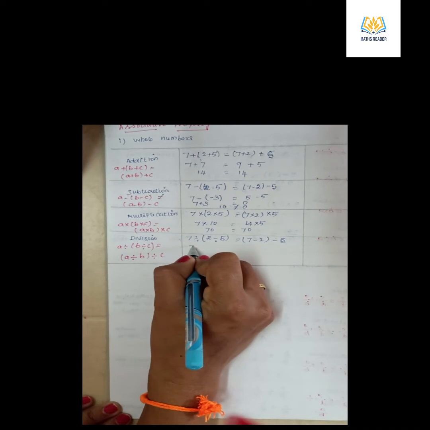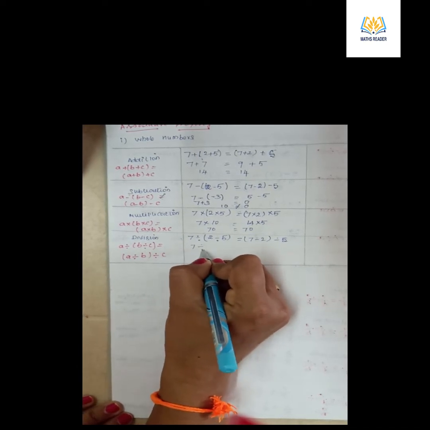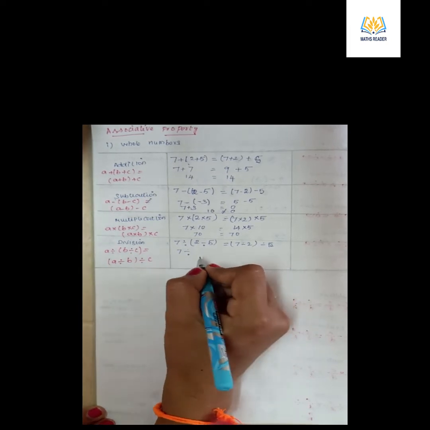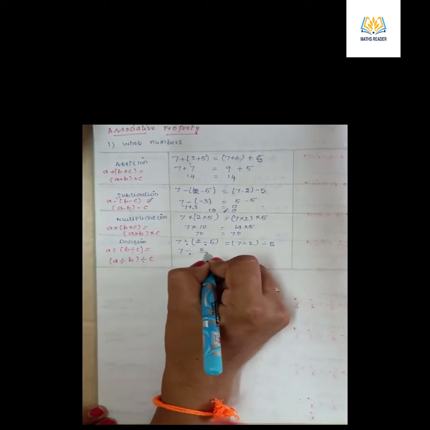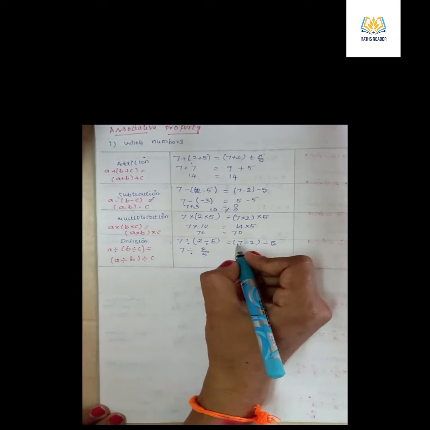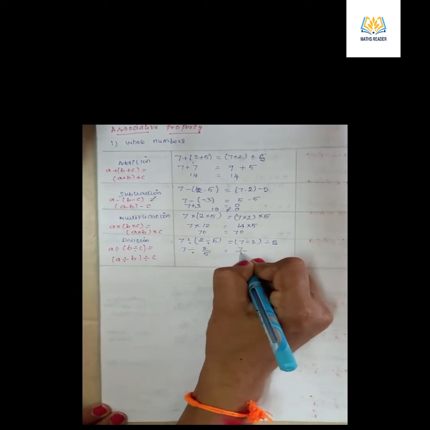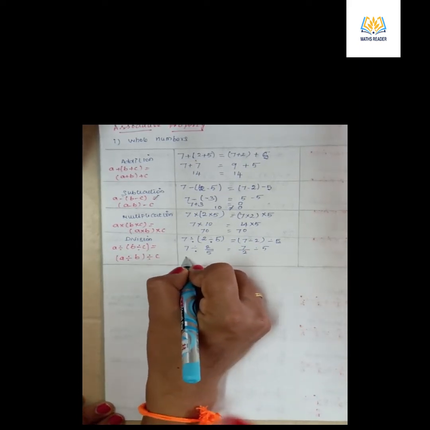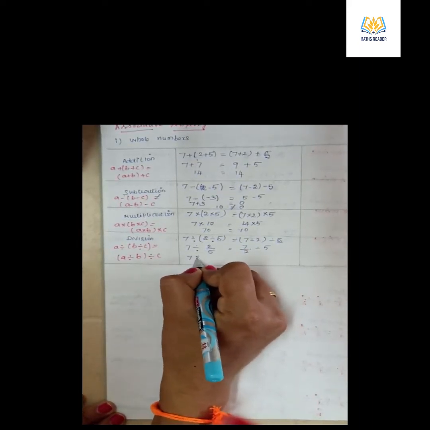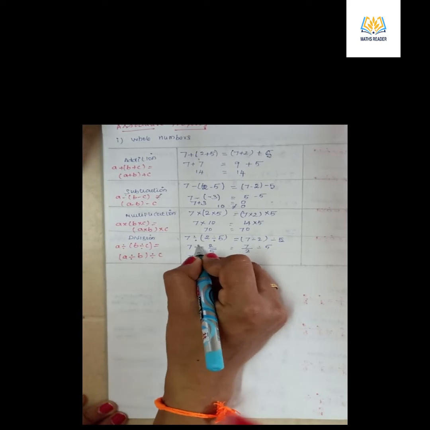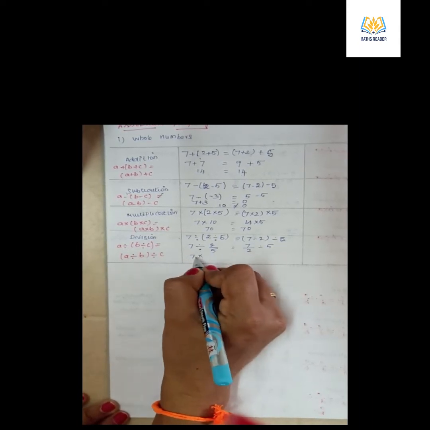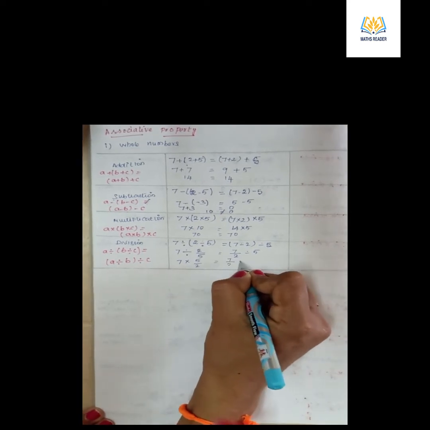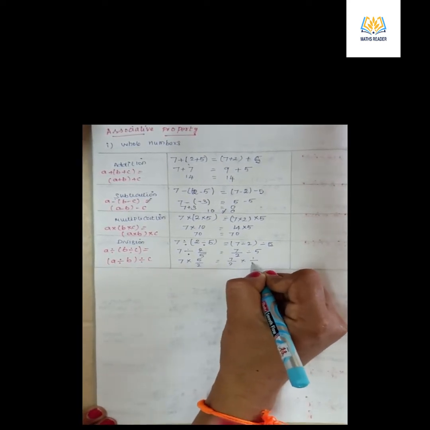So we can rewrite this as 7 divided by 2/5, equal to 7/2 divided by 5. So we can write this as 7 into, we are changing the division into multiplication. So 7 into 5 divided by 2, 7/2 into 1/5.